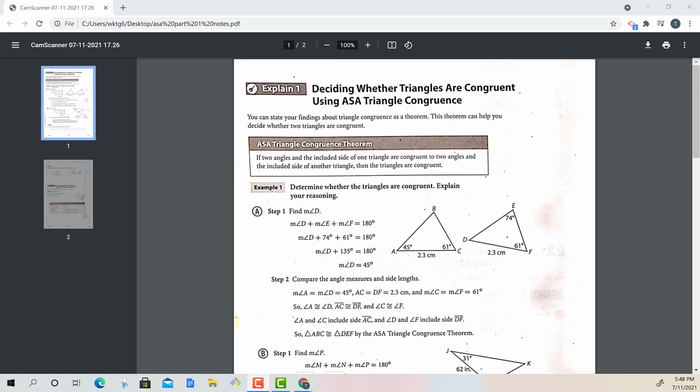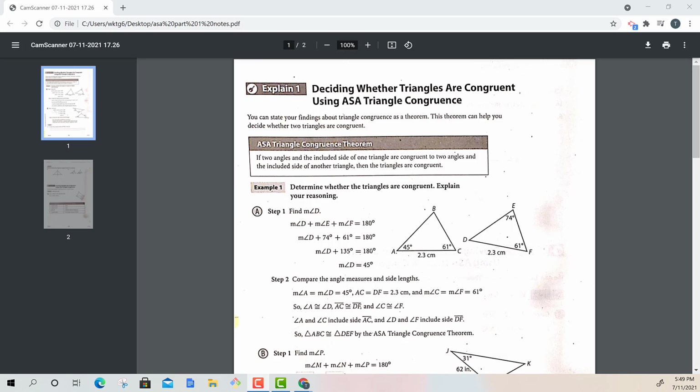So if you have two pairs of congruent angles, each one of those angles is made up of two line segments. The line segment that those two angles have in common is the included side. Sometimes people say it's the side that's in between the two angles. That's helpful for some people, but can also get a little confusing.